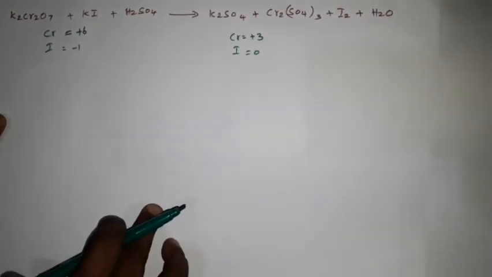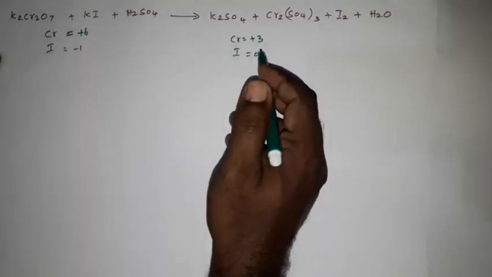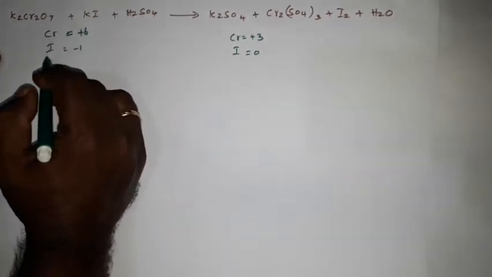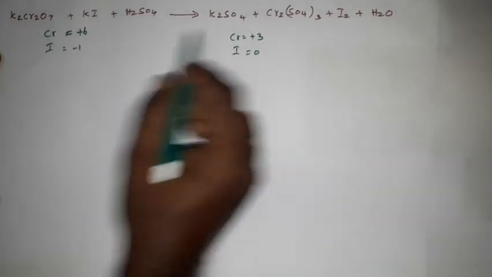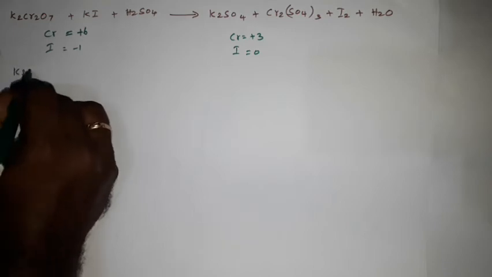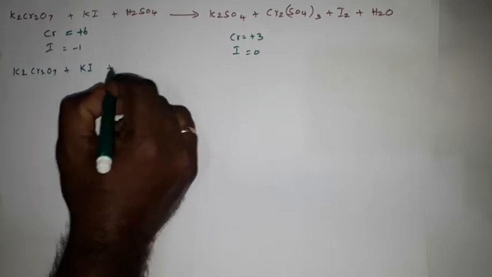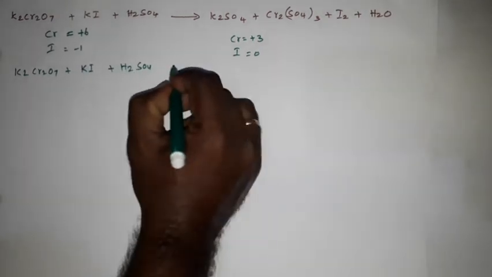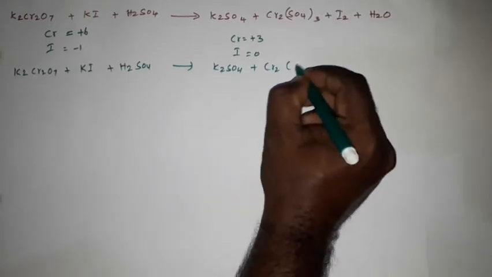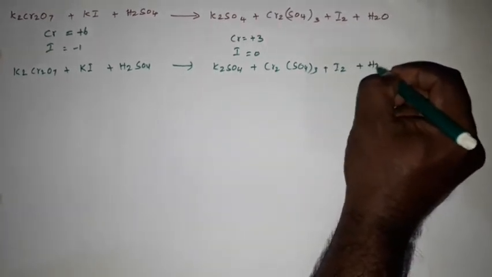Okay. So you have to identify for a single atom. We identified for a single atom. This is plus 6 and this is plus 3. Here minus 1, here 0. So now you have to balance only chromium and iodine in the equation. So K2Cr2O7 plus KI plus H2SO4 gives K2SO4 plus Cr2(SO4)3 plus I2 plus H2O.